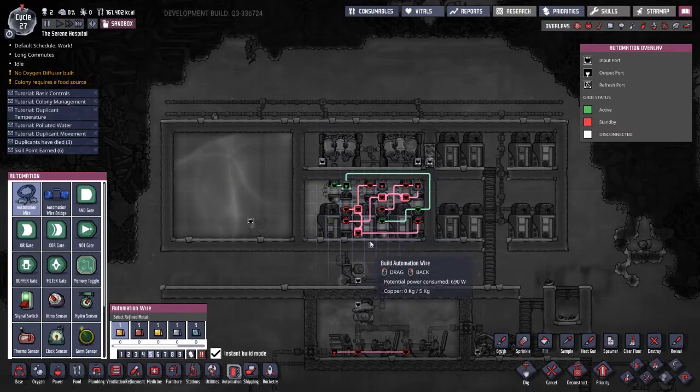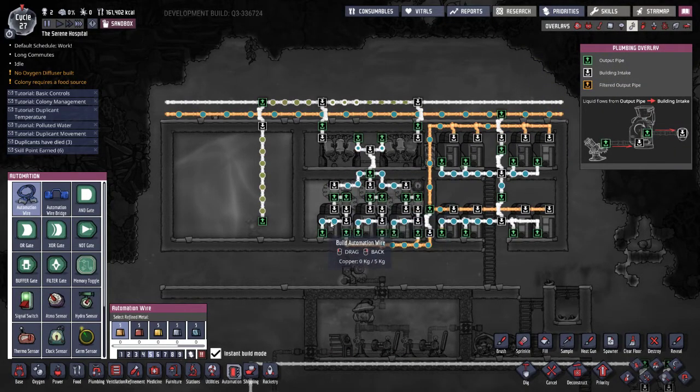Alright, so the second stage is powered by the neighbor's clock sensor, and what that stage does is that it cycles the liquid through the liquid reservoir so that it can continue to lose germs in the surrounded by chlorine status.